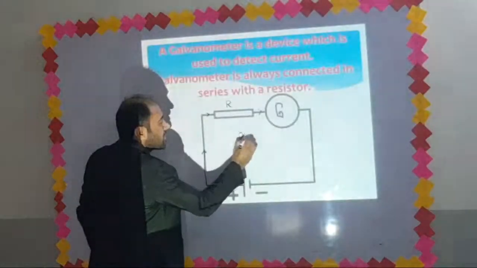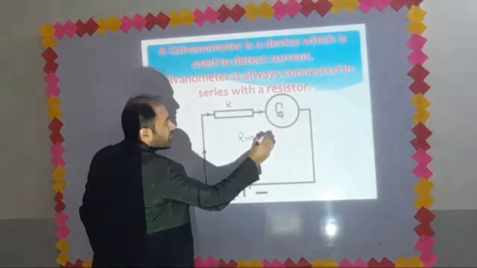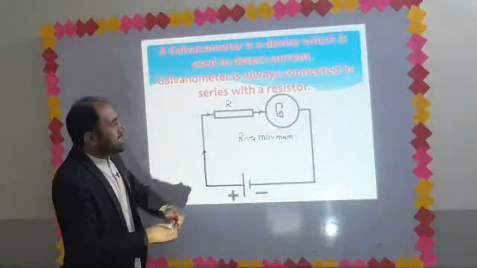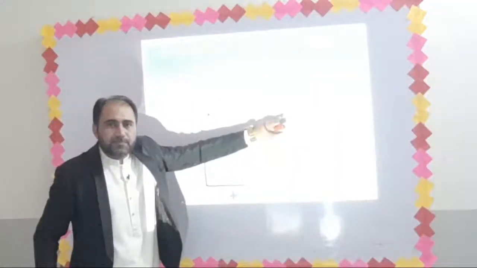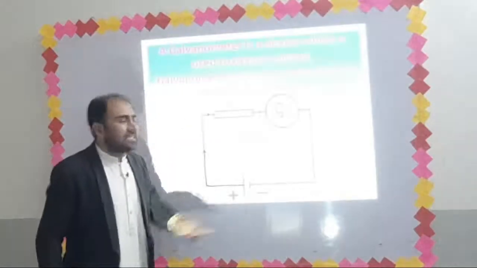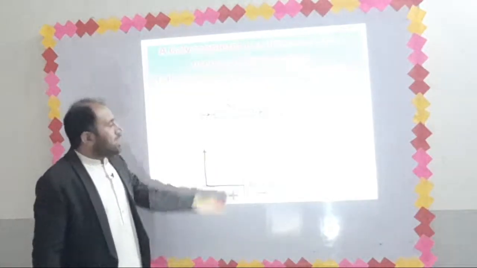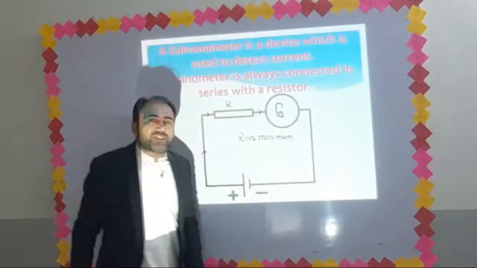Galvanometer will show minimum resistance. Minimum resistance means maximum current can pass through it. In order to detect current, it is compulsory that all the current must pass through this galvanometer. So galvanometer is connected in series.